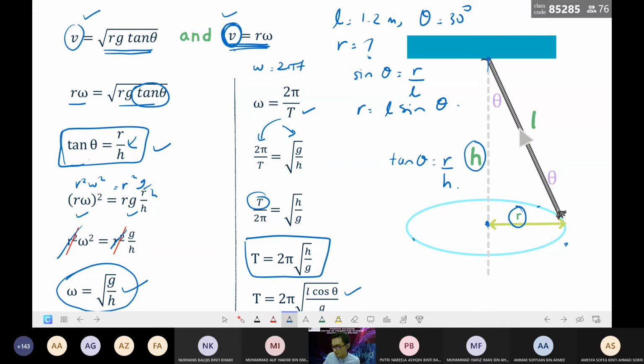About this one, T here means the ball moves from this point, say it moves from point P, and then it makes one revolution, 360 degrees, and returns to P. So from here to here is what we call one period. Okay, what unit is T?